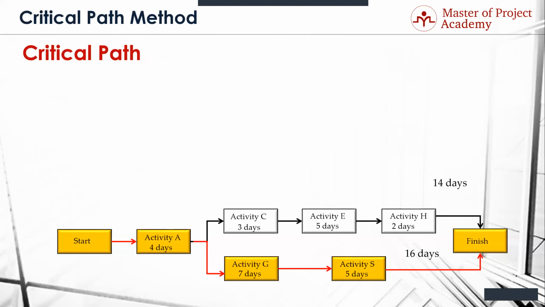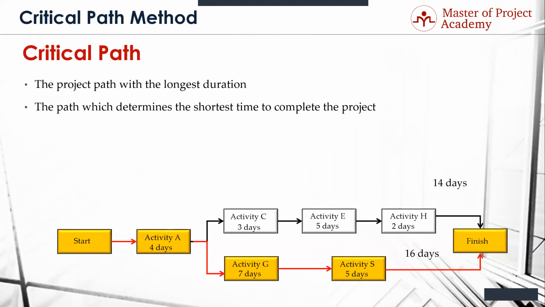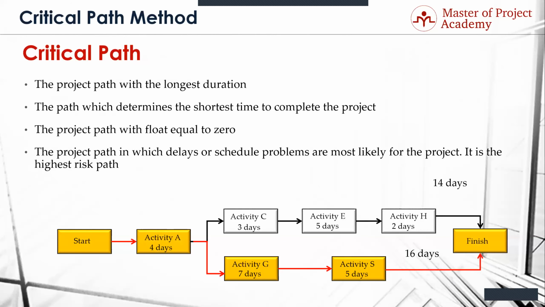Okay? So here's where this comes into play. There's lots of definitions that go with this, and we've already talked about a couple of them. It's the longest path. It's the path which determines the shortest duration. It's the path with 0 float. We're talking critical path. It's the path in which delays to the schedule or problems are most likely.